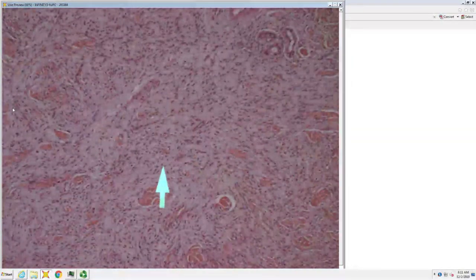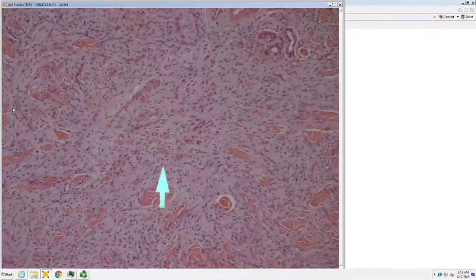Is there such a thing as a myxoid DFSP? There is. And is it going to stain CD34 positive? No, it loses its CD34 positivity. They're often recurrent when they become myxoid, and high power view can look very much like a neurofibroma.